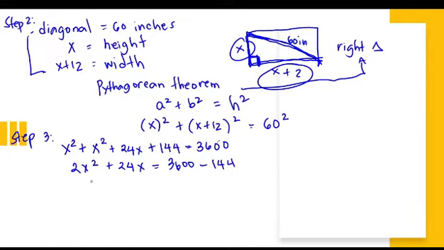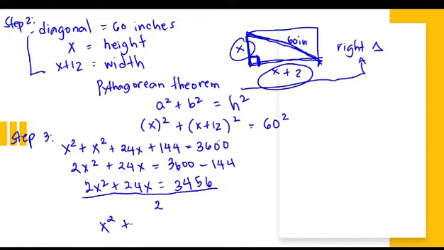Okay, and then we will have 2x squared plus 24x equal to 3,456. And as you can see, we can simplify this by dividing the whole equation by 2 para mas lumiit. And then we could have x squared plus 12x equal to 1,728.